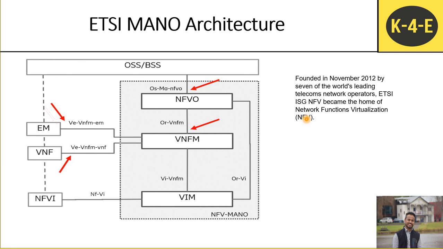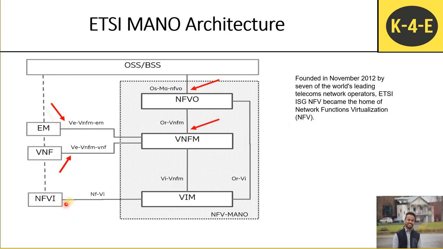HLR. If you are working on HSS, what is NFV for you? HSS. Simple. Go with the simple layman's term. What is NFV? Network function virtualization, the virtualized format of your HLR. If your HLR is deployed as a VM, it is NFV. If your HSS is deployed as a VM, it is NFV. If you have any other application deployed as a virtual machine, it is an NFV.